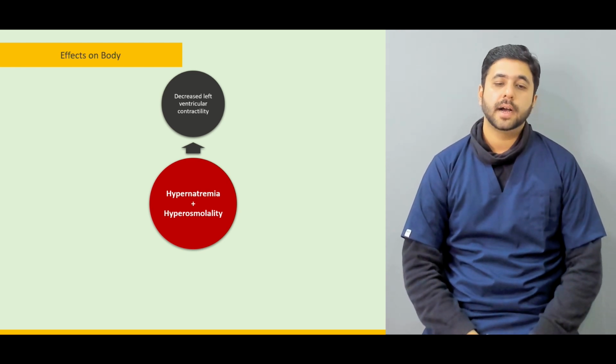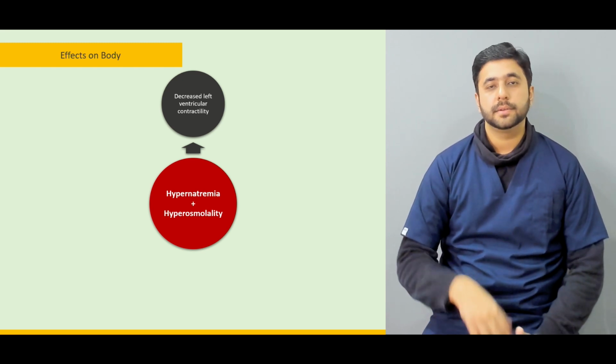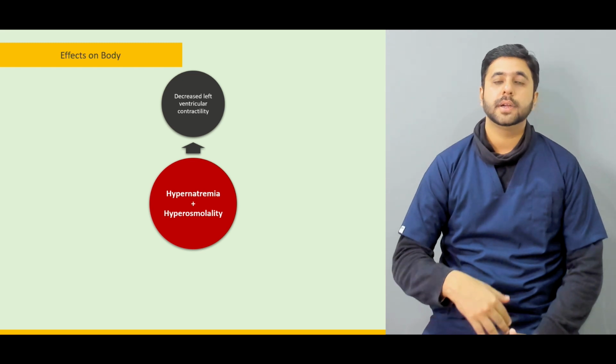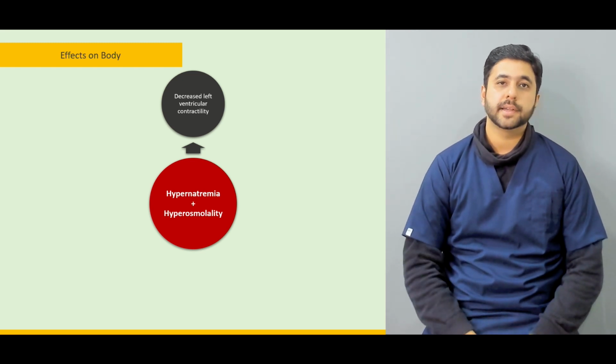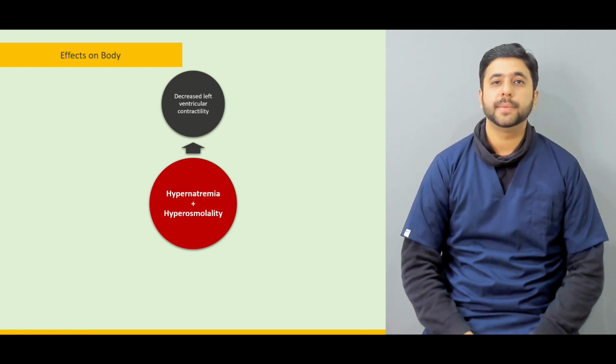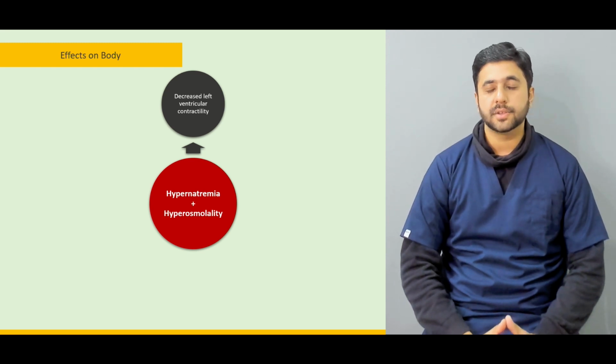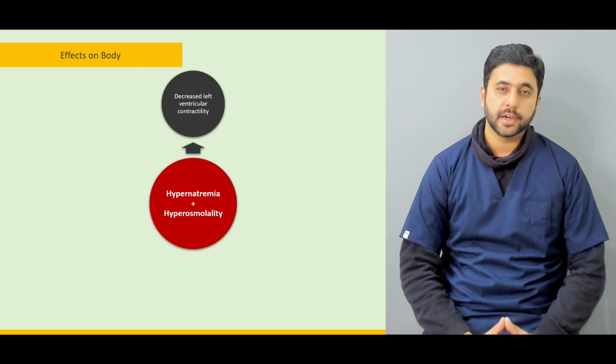If there is hypernatremia or hyperosmolality, that pump will be disturbed, and the pump won't be able to get sodium out of the myocytes against this concentration, and this will lead to a decrease in the calcium movement inside the cells. And with the decreased calcium concentration inside the cells, there will be decreased contractility. As you know, calcium is needed for the contractility of the myocytes.